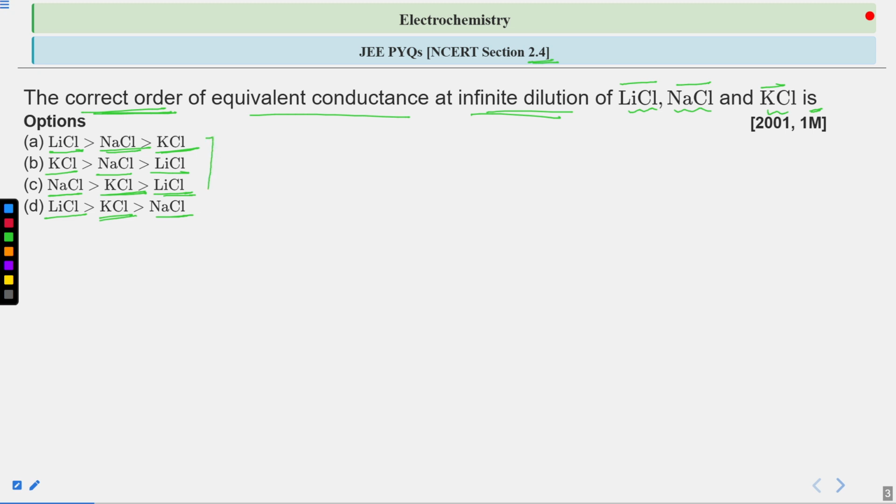So these are the four options given, that means different orders are given. You have to tell the correct order of the equivalent conductance at infinite dilution for these three ionic compounds.